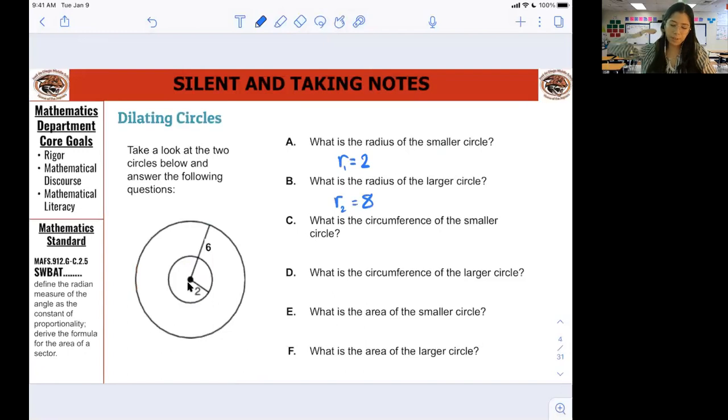What would be the circumference of the smaller circle? Good, Jalen. 4 pi. Because remember, circumference is 2 pi times the radius. So the circumference is going to be 2 pi times 2, which is 4 pi.